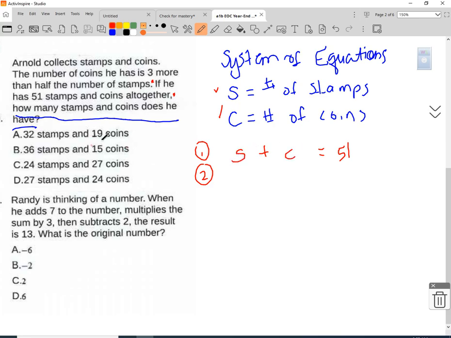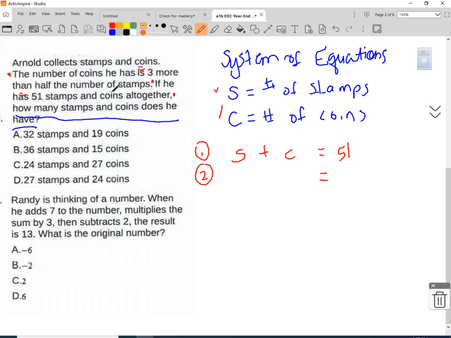So that's our first equation, and very often that first one is really simple like that. Remember that has and is, those typically represent an equal sign. So all together has would be equal 51. So we need an equal sign here. We're going to use our S and our C. But now we're looking at this sentence.